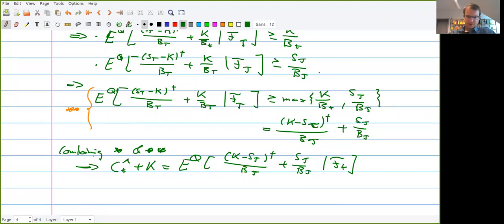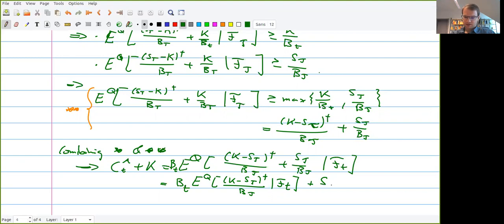Okay, and now I can further calculate this. Oh, sorry, I forgot this discounting factor. So I have my discounting factor, and now it's here, plus the conditional expectation given F_t. And for the second one, I used the martingale property of this discounted price process.